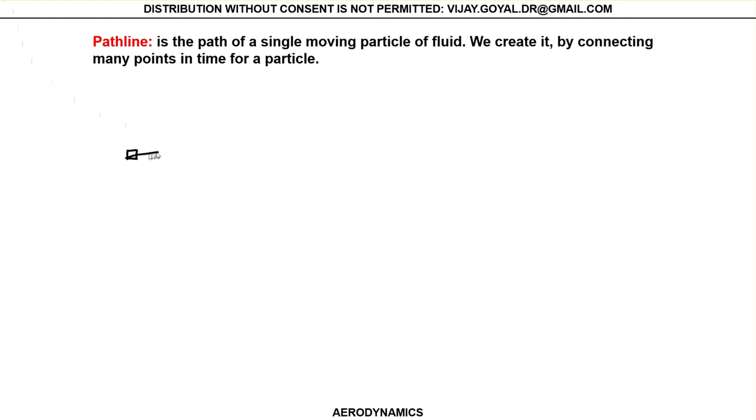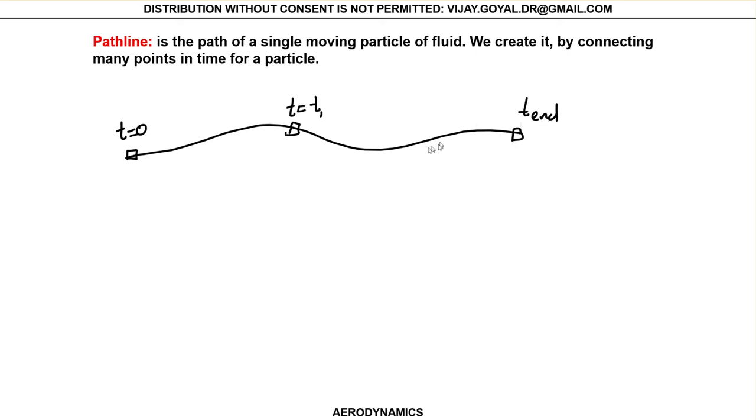So at time t0 it is here, at time t1 it is here, maybe at time t2 it is over here, and so on up to time t_end. Having that many times, what I get is the path line that the particle has moved.